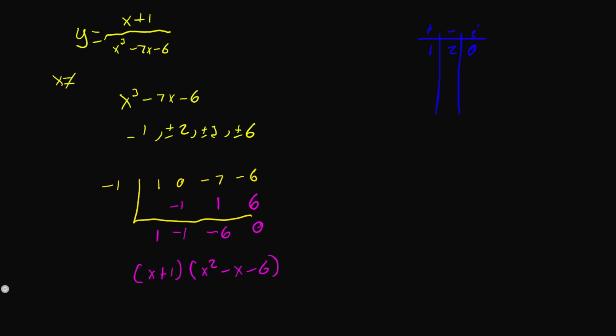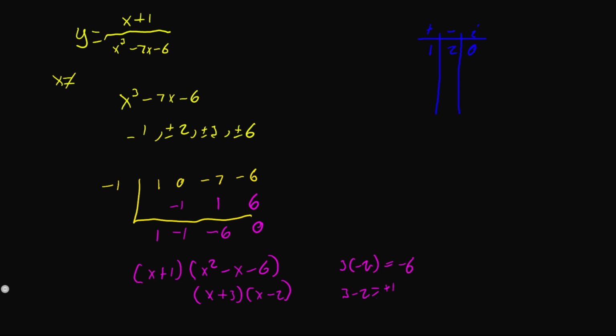So we have to find a number that multiplies to -6 and adds to -1. We could try the numbers +3 and -2, since 3 times -2 is equal to -6, and 3 minus 2 is equal to +1.